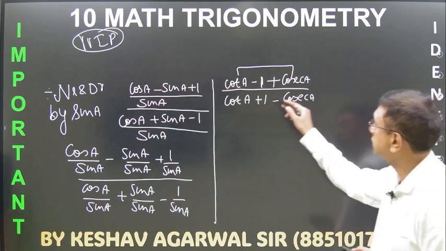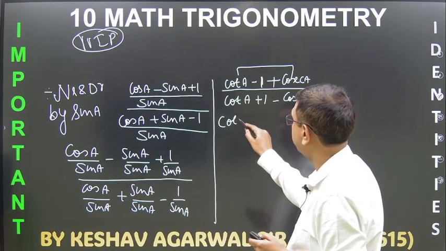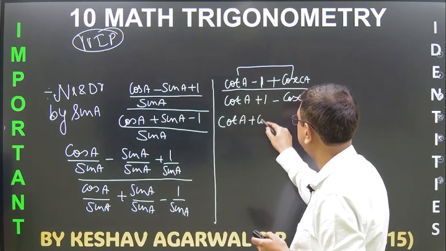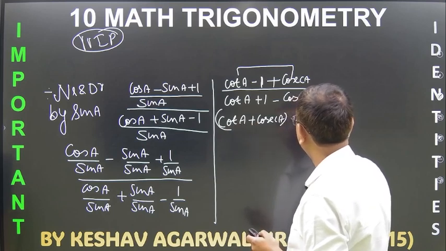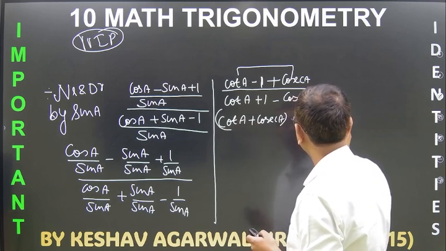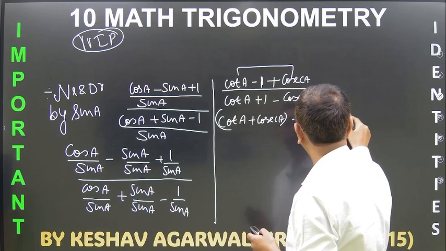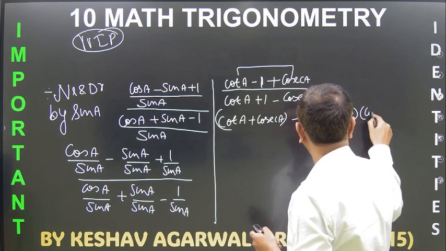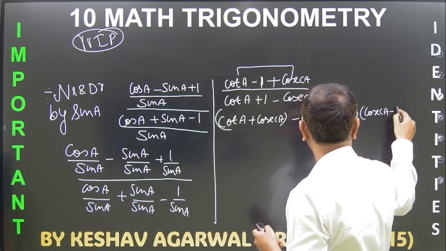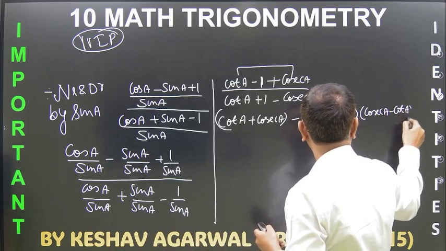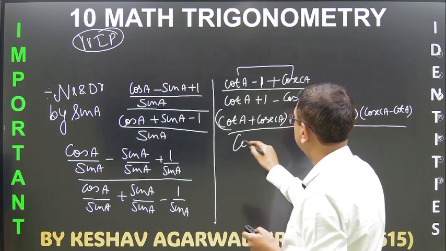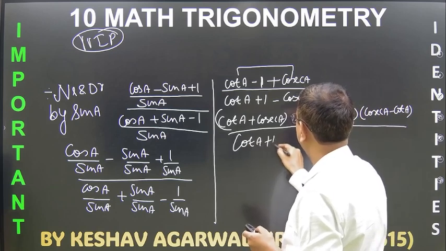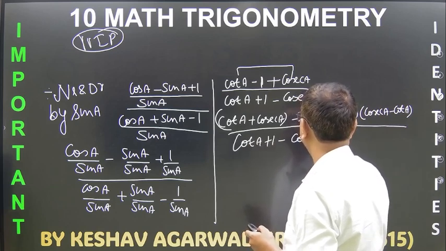तो अब मैं क्या यूज करने वाला हूं? cot a plus cosec a, and instead of 1 I use (cosec a plus cot a) into (cosec a minus cot a). Are you getting it? Upon cot a plus 1 minus cosec a.